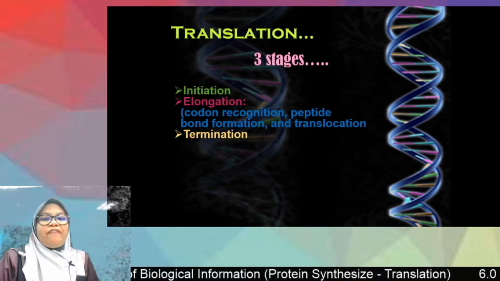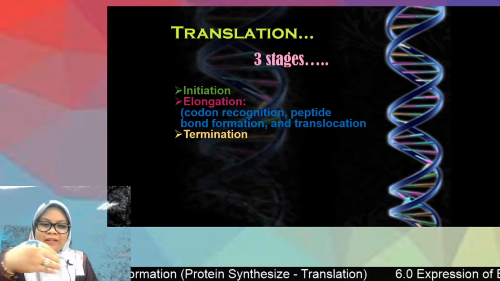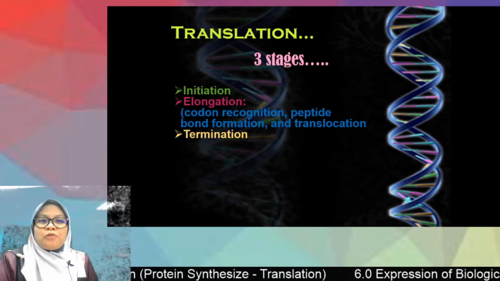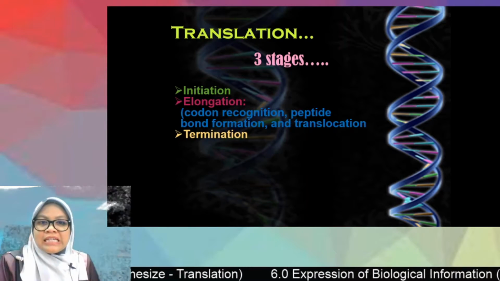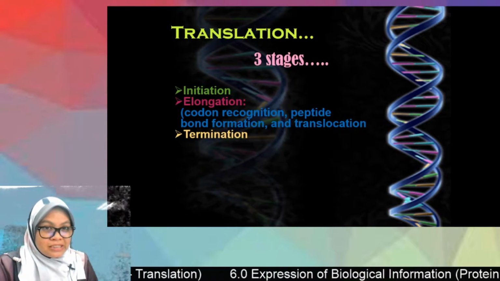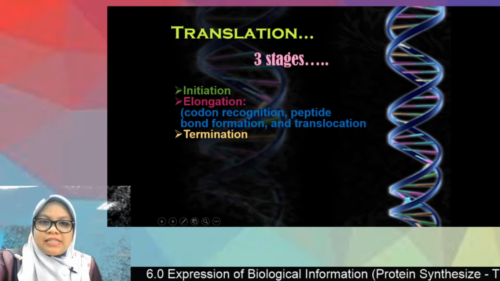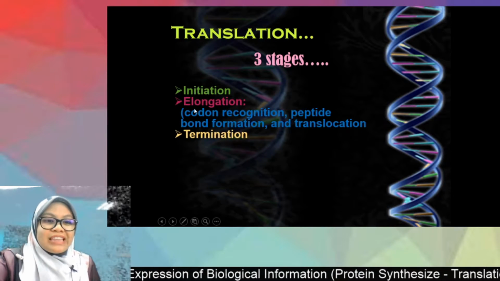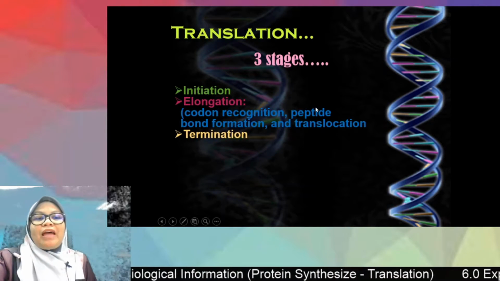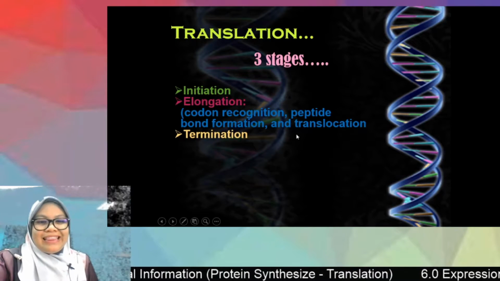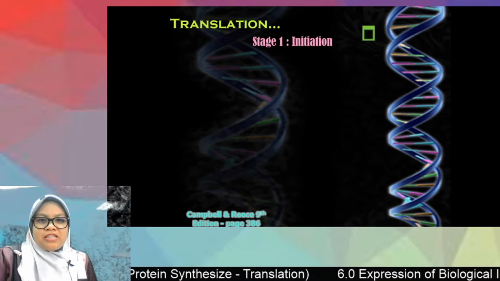The process has three stages, the same as transcription, but the detailed process is different: initiation, elongation and termination. For elongation, we have three sub-stages: codon recognition, peptide bond formation, and translocation. Let's go through stage by stage.